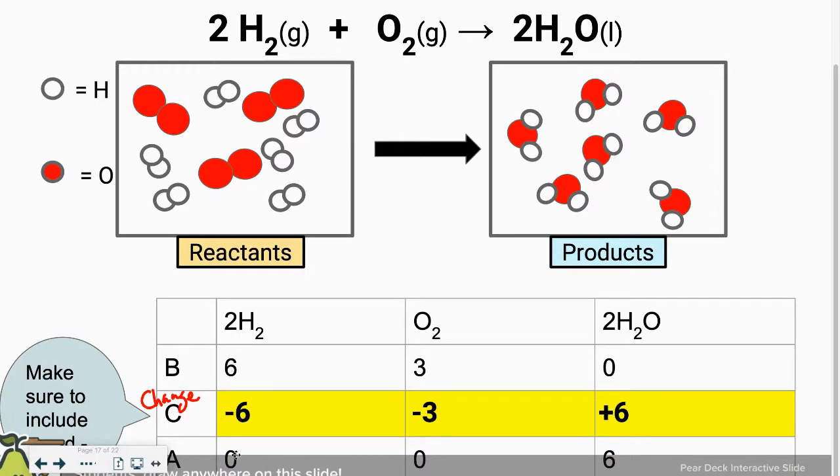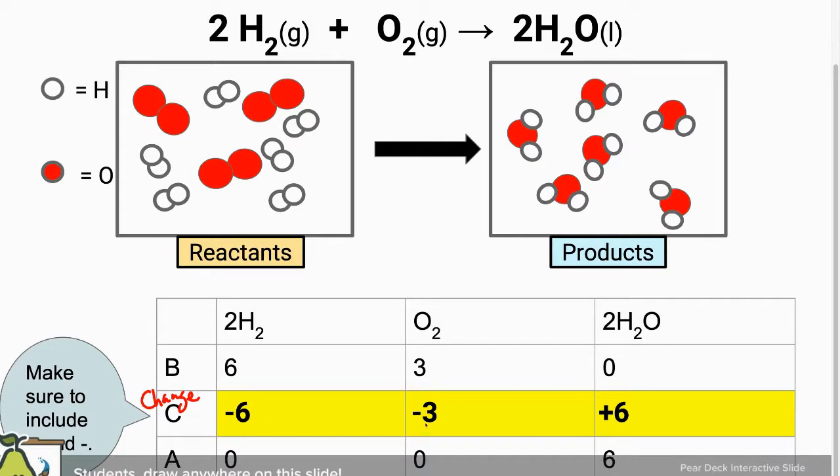So 6 minus 6 gives us 0. Okay. If we have 3 O2s, then we have to subtract off 3 O2 molecules in order to get 0 here. If we start out with 0 H2Os, then we need to add 6 H2O molecules to end up with 6 over here.